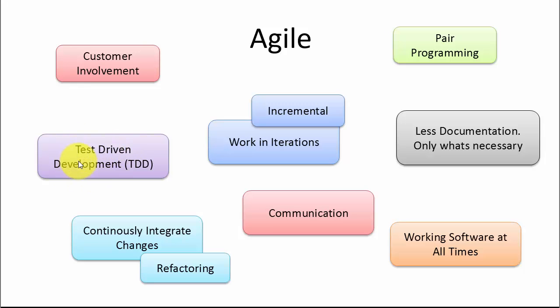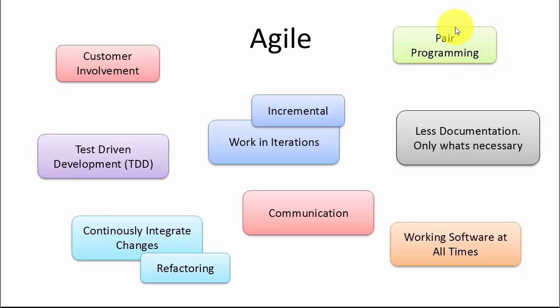You typically make the tests before you start programming. Also, you work in iterations. So one iteration could be 2 to 4 weeks, where you after the iteration have a working software. So working software at all times is important in Agile.